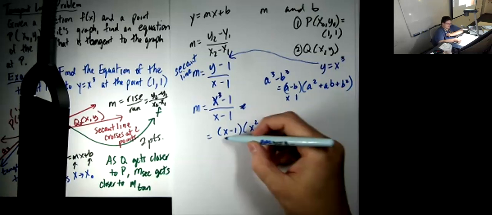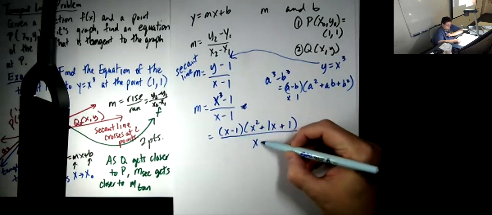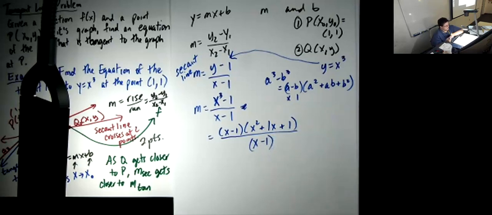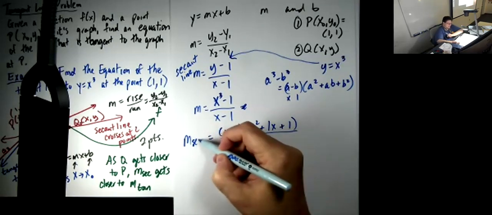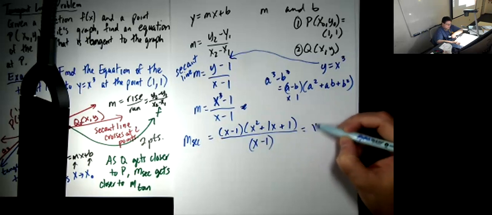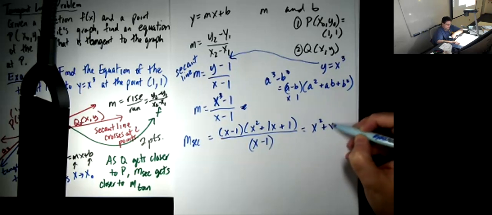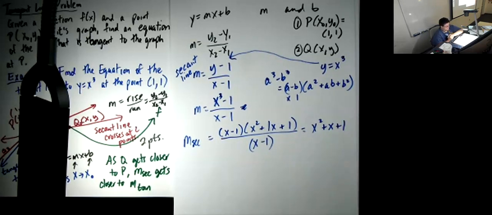So that's the top factored, and the bottom is x minus 1. And that's my secant line slope still. So we can see this equals x squared plus x plus 1. That's the slope of the secant line.